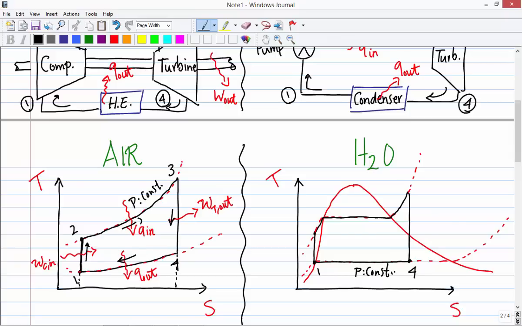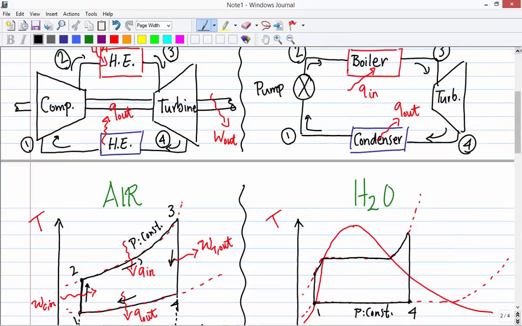Then we move to the pump, which just pumps the liquid, and let's assume that it's isentropic, so entropy remains constant.